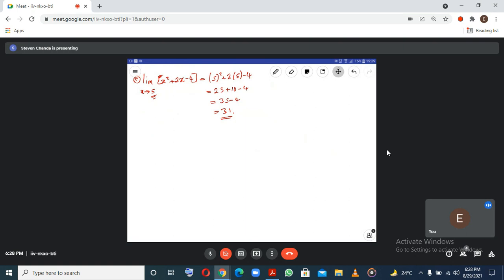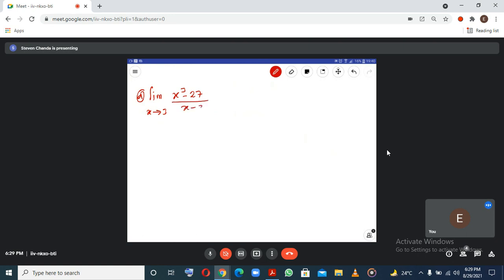So we're saying, so we have, so limit x to 3, then x minus 3.